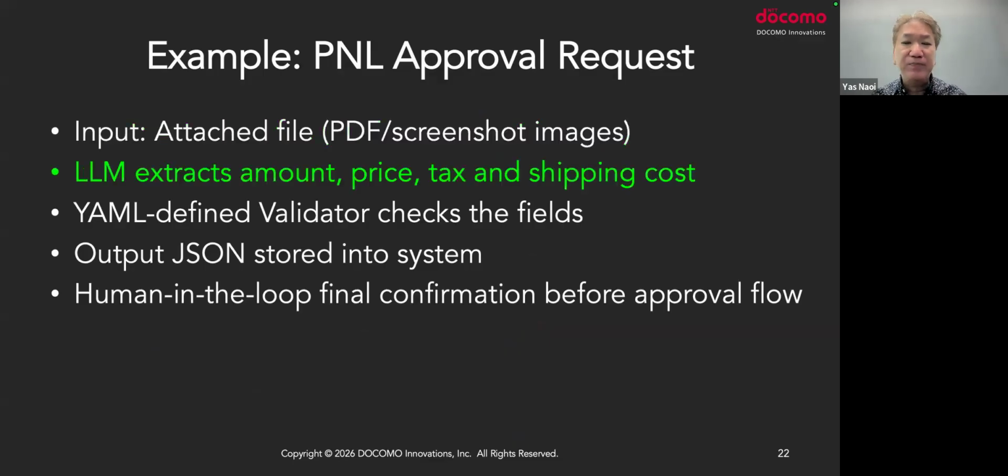The LLM extracts key fields such as the item name, amount, price, tax, and shipping cost. A YAML-defined validator checks the fields. The result is stored as JSON, followed by a human-in-the-loop confirmation before the approval flow continues. That's the concept.